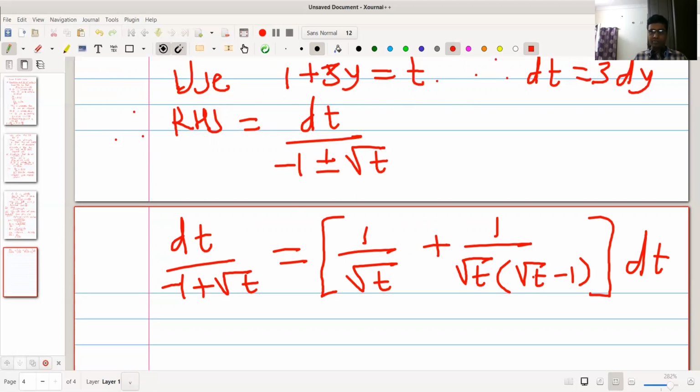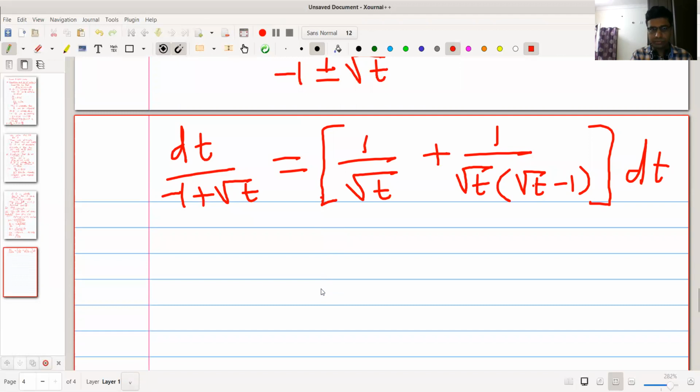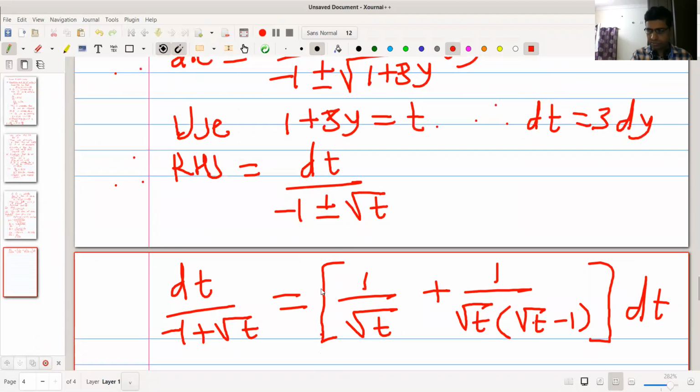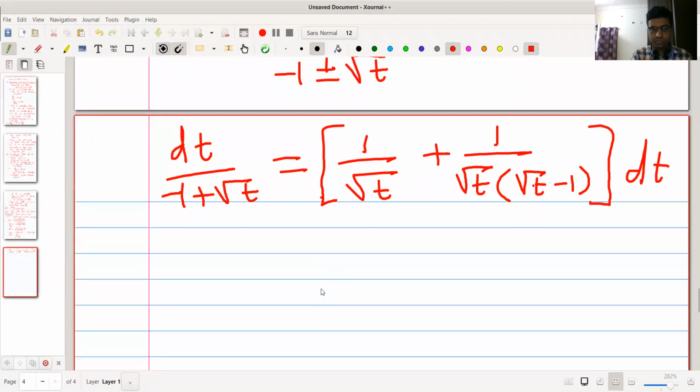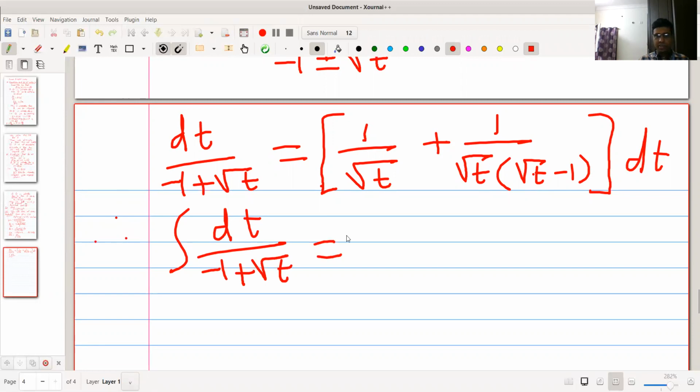Therefore the integral of dt by minus 1 plus root t will be the integral of the right hand side.